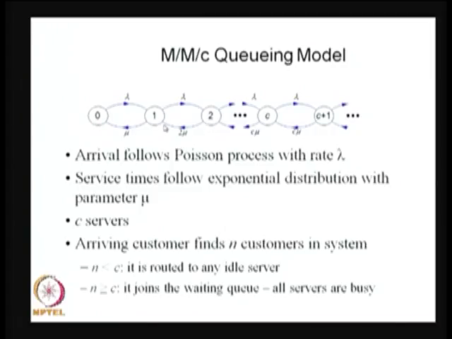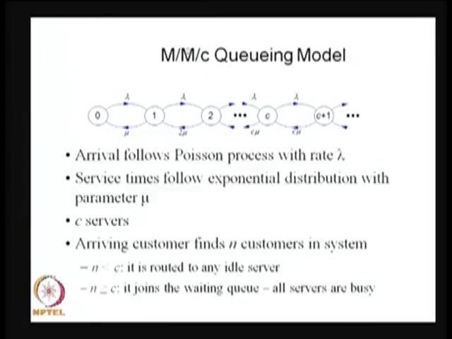Whereas, from 2 to 1, there are 2 customers in the system and both are under service. If any one of the servers completes his service, then the system moves from 2 to 1. So, the service completion time will be the minimum of the service times of both servers.